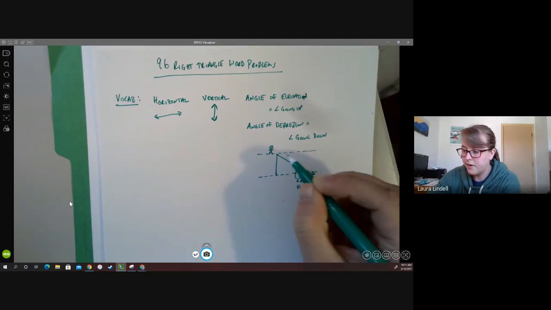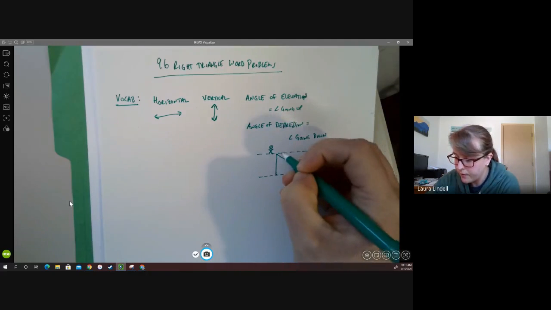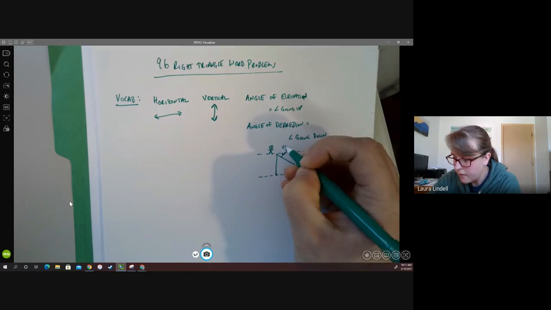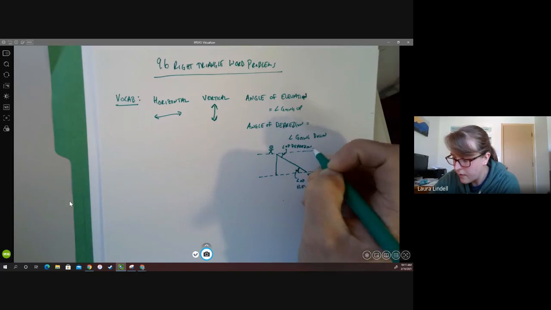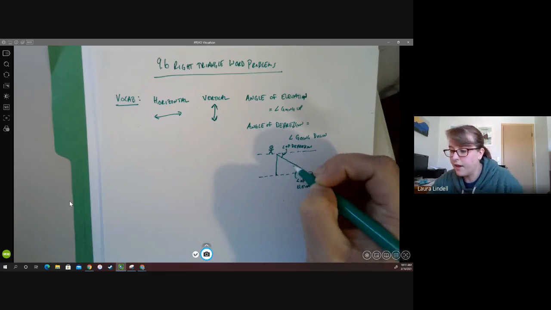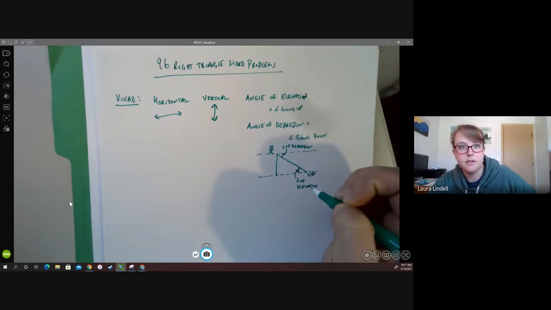The angle of depression from the person to the duck is the same angle as the angle of elevation from the duck to the person.